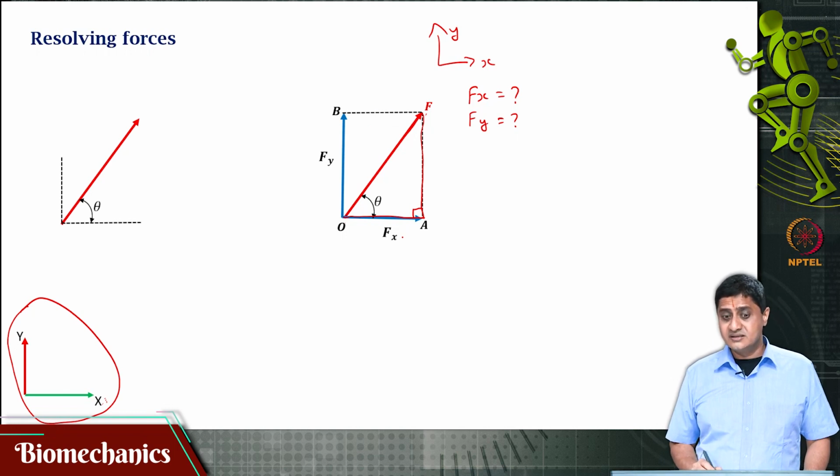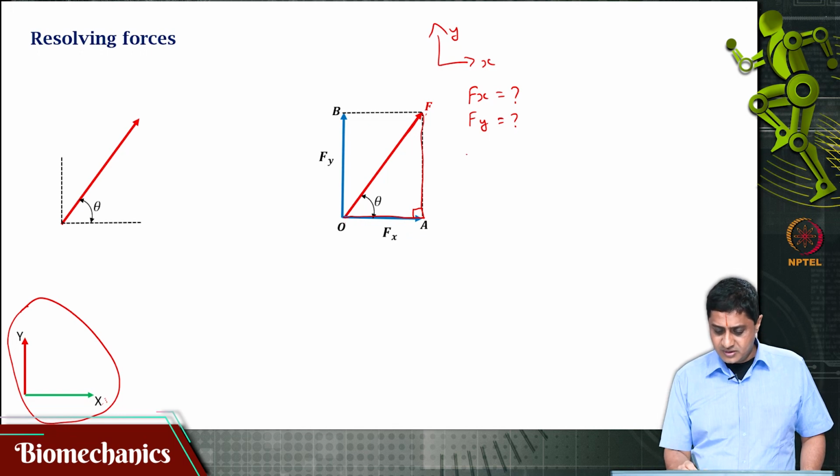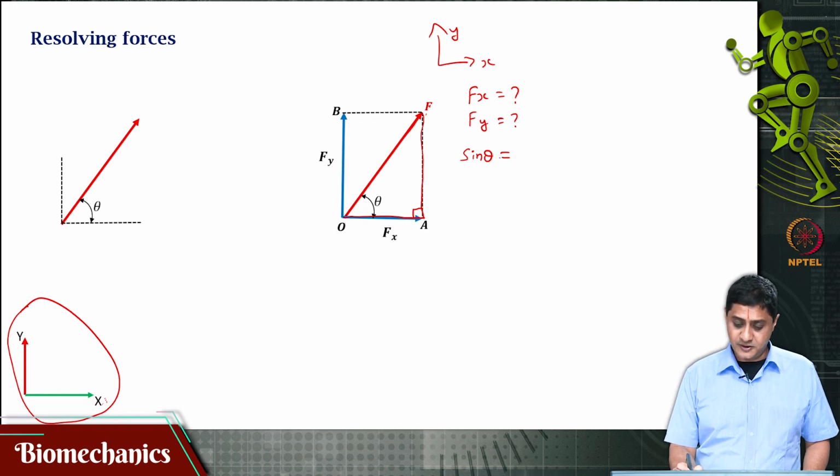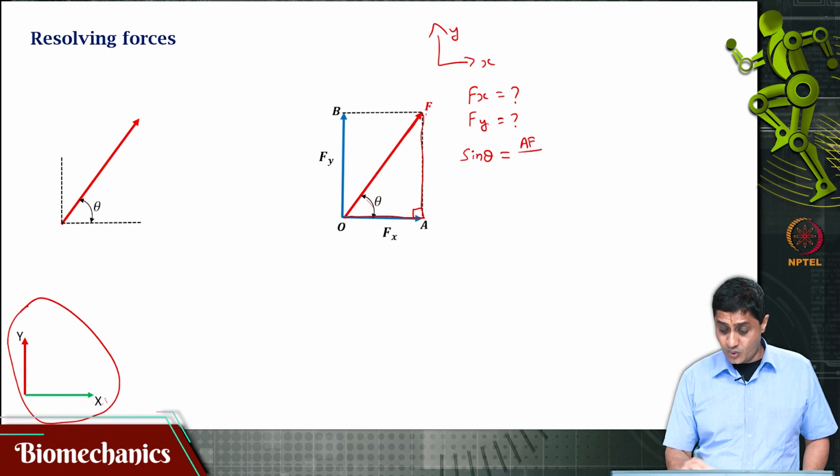In this, the hypotenuse is OF. What is sin theta? We know sin theta is opposite side by hypotenuse. Since this is theta, sin theta is AF divided by OF. OF is the hypotenuse.